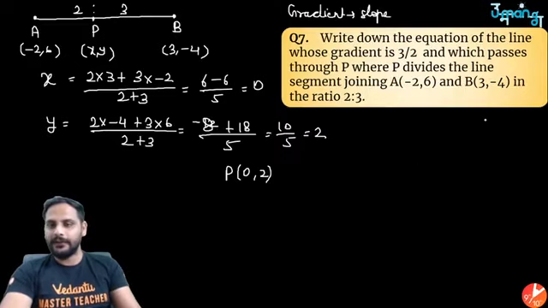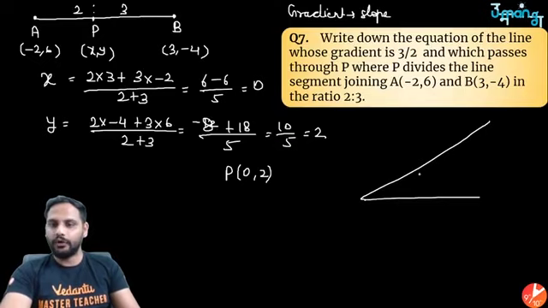Now I know there is a line whose gradient, slope, is 3 by 2 and it is passing through the point (0, 2). Suppose some point over here is (0, 2), and this is how the x axis and y axis are.